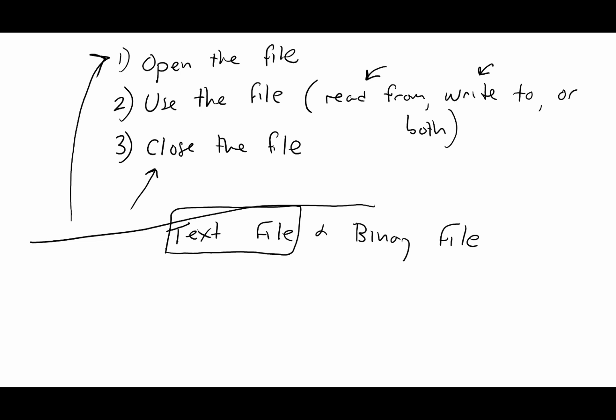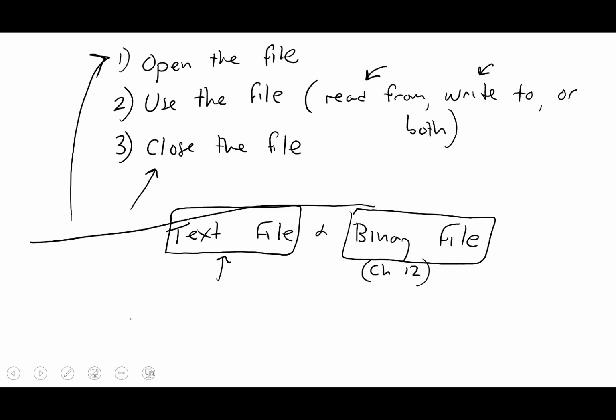These are the types of files that we're going to be using in this chapter. Binary files are files that haven't been converted to text. You'll be learning how to access these in chapter 12, for those of you taking CS 1410.